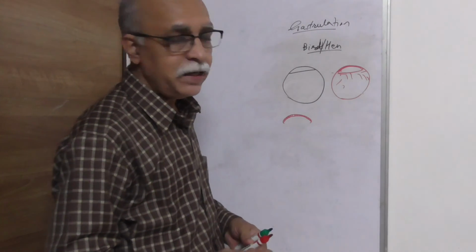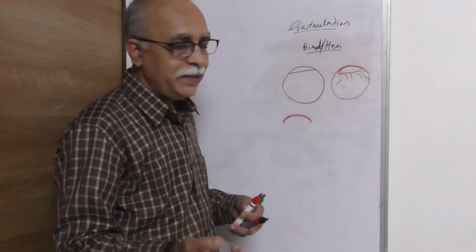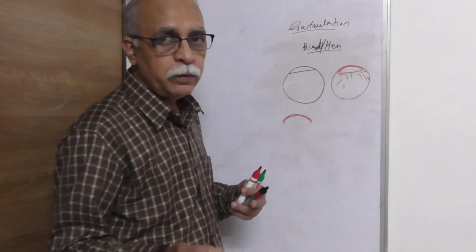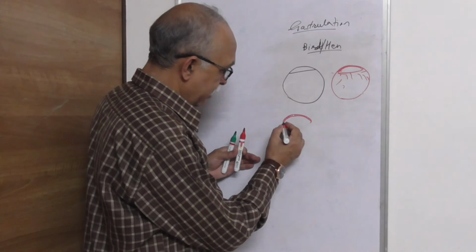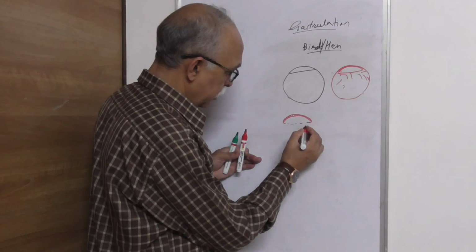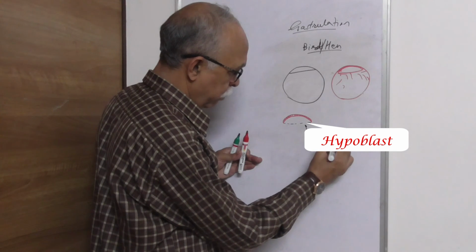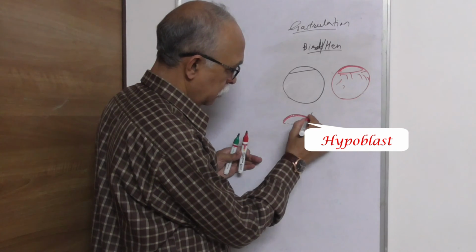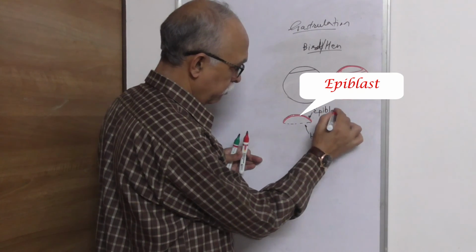If you recollect, I said that some cells are open cells. One side of the cell is in contact with the yolk. These cells would be giving us one layer here that would become hypoblast. This would become epiblast.